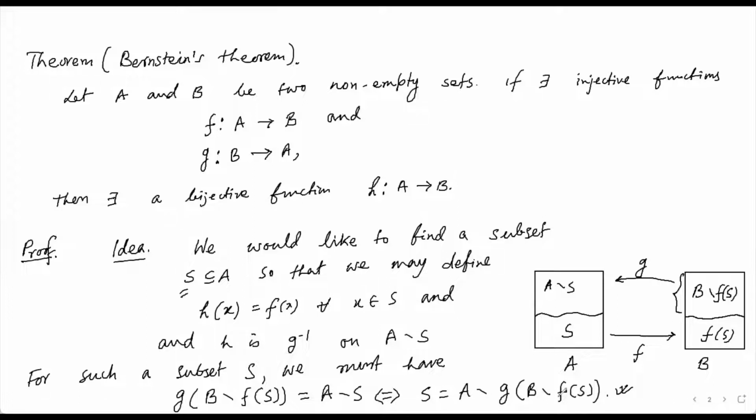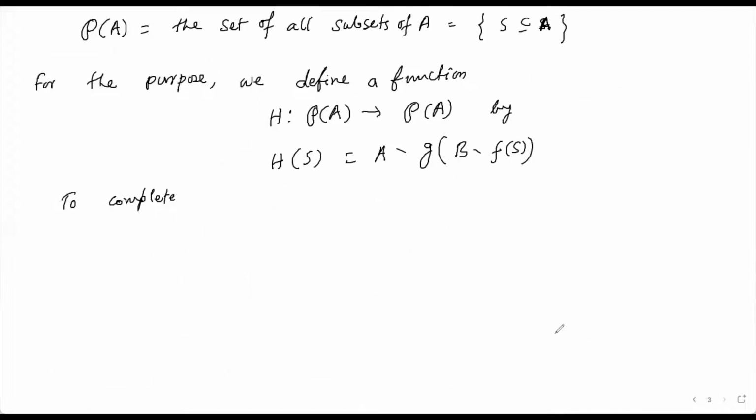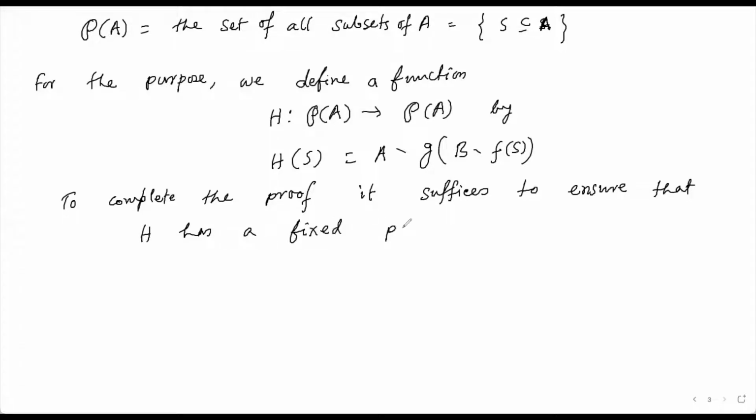This is equal to H of S. So S equals H of S. To complete the proof, it suffices that such a subset S is a fixed point of H. So now our goal is to show that H has a fixed point.